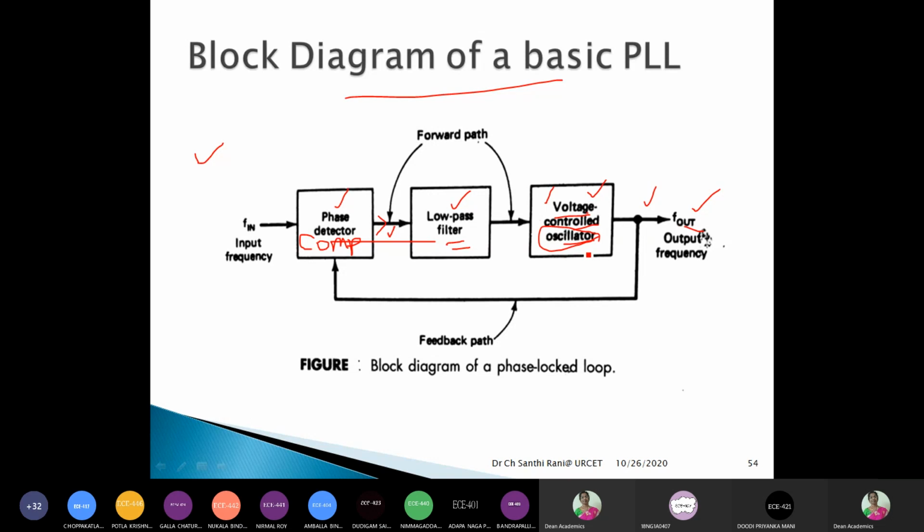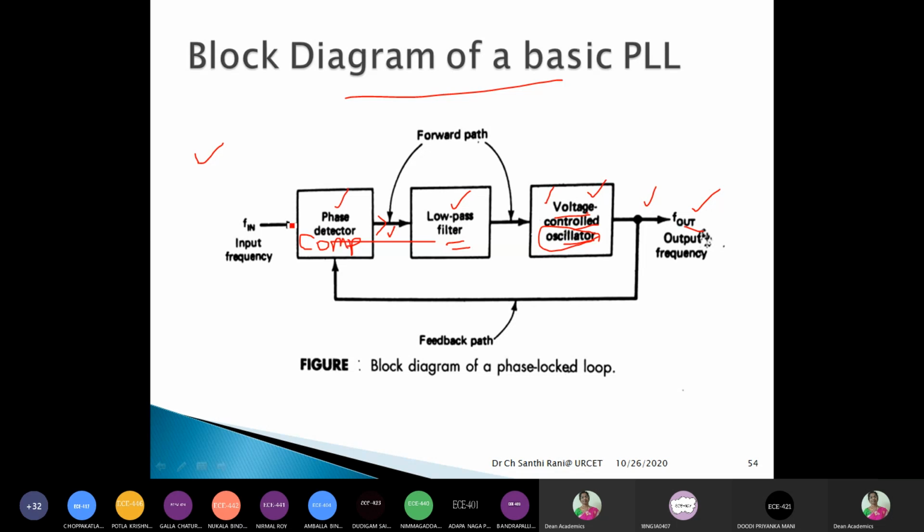This voltage controlled oscillator produces F out, the output frequency. This frequency is again fed back to the input of the phase detector or comparator.